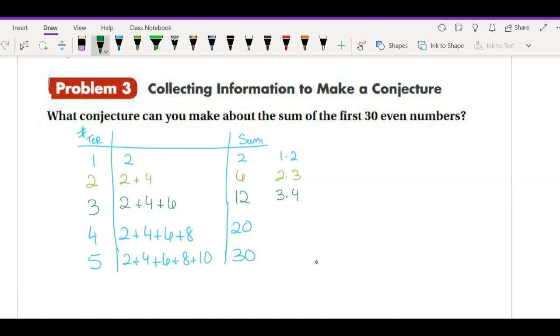So it's the term times the next consecutive number. Let's try that out. So fourth, 4 times 5. Oh, that gives me 20. 5 times 6 gives me 30. So for the 30th term, it's going to be 30 times 31, which gives me the sum of 930.